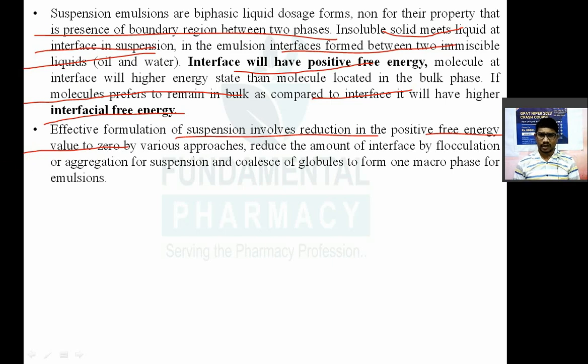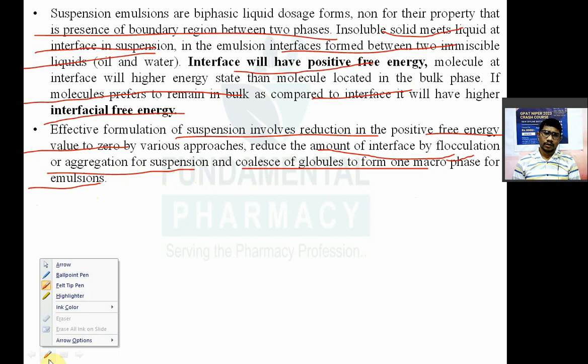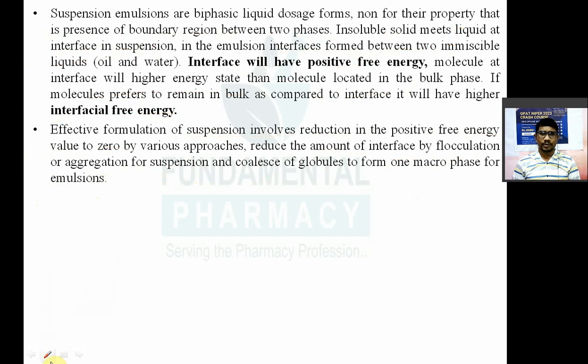For example, you can reduce the amount or surface area of the interface by flocculation, or by aggregation in suspension, or by coalescence of globules to form a macrophase in emulsion. The molecules at the interface will have free energy.